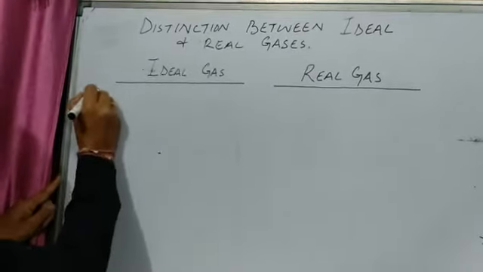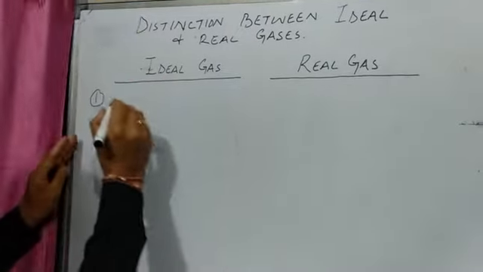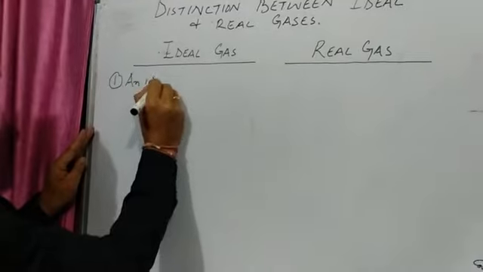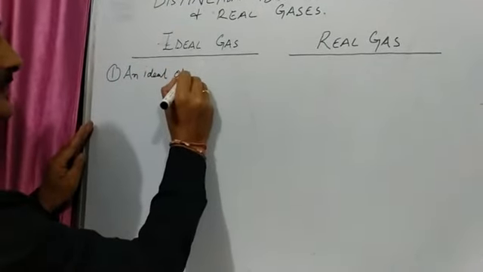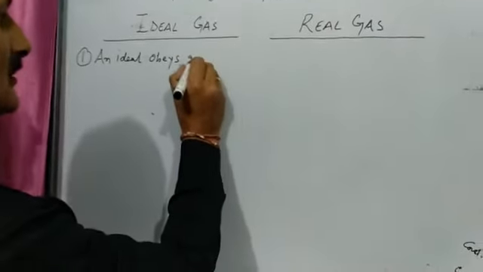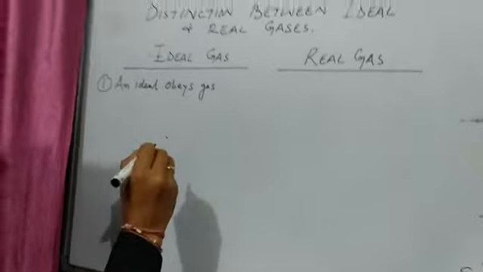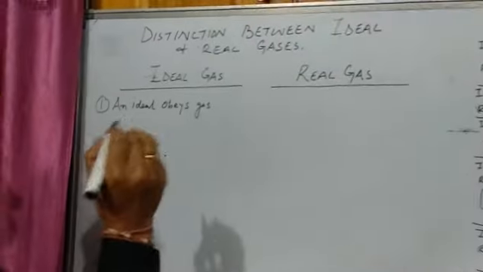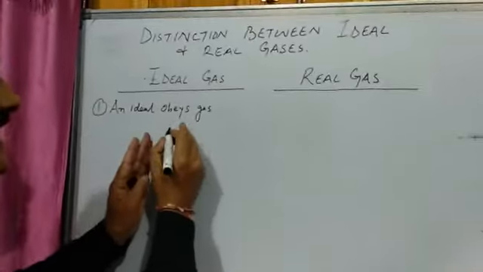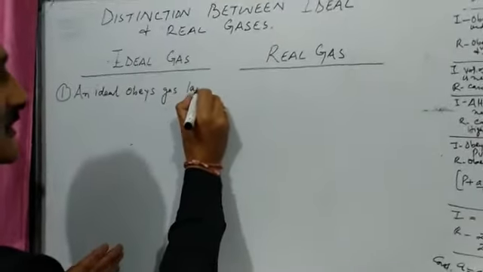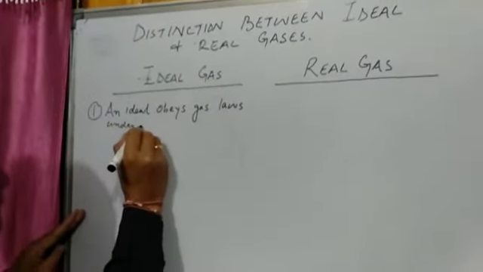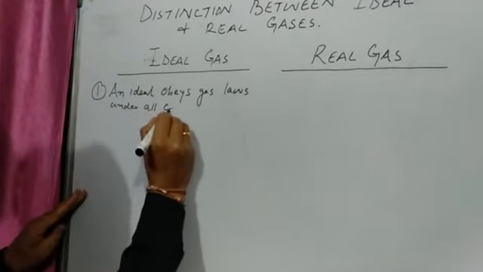First point is that an ideal gas obeys gas laws, that is Boyle's law, Charles' law, then we have Avogadro's law, then Gay-Lussac's law. An ideal gas obeys gas laws under all conditions of temperature and pressure.